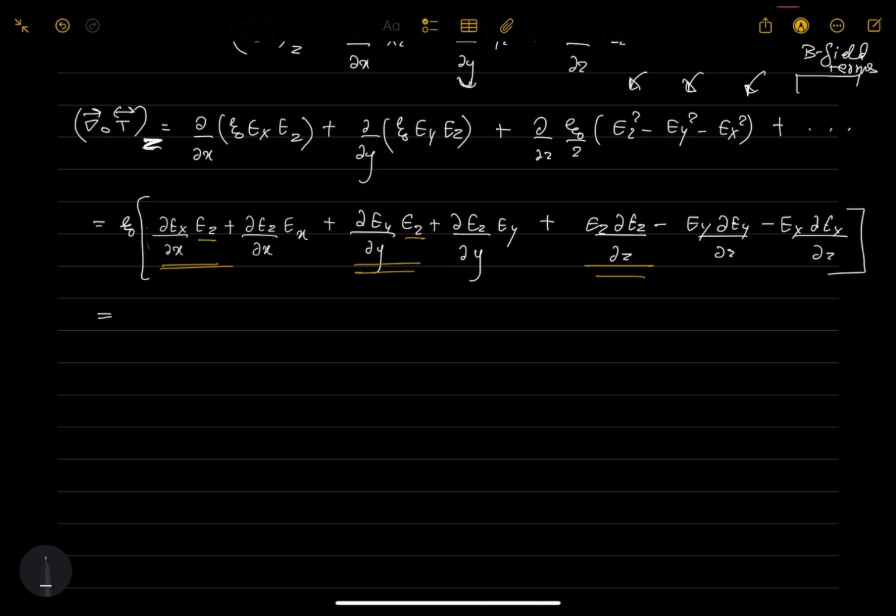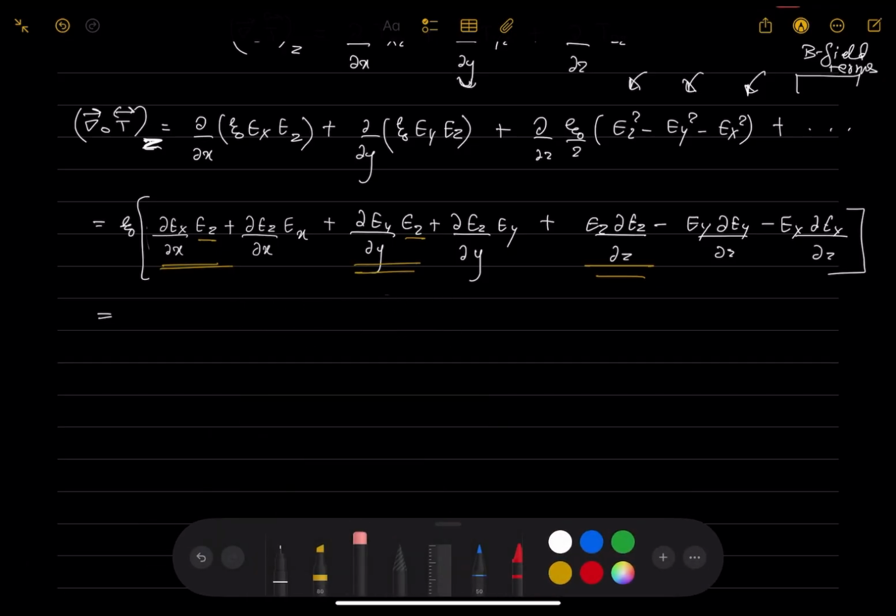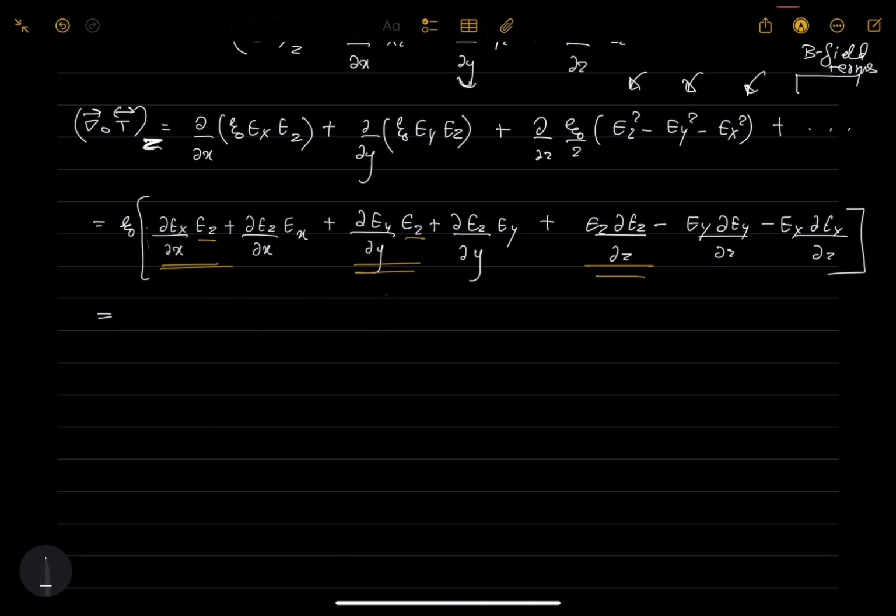Let's see if this yields a nice symmetric expression that we can write in terms of divergences, or maybe E dot del operators, or something. Let's try to see if we can find anything of that sort. So yes, we did find three terms out of which we could factor out Ez, and the remaining just becomes the divergence of E.